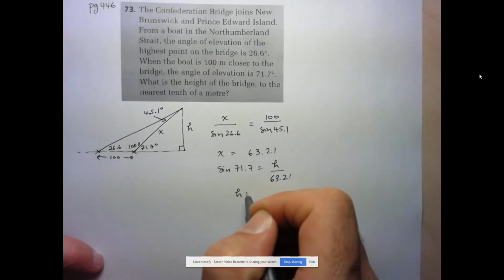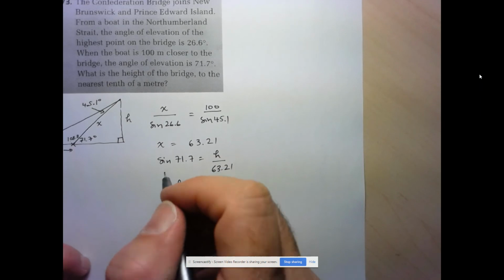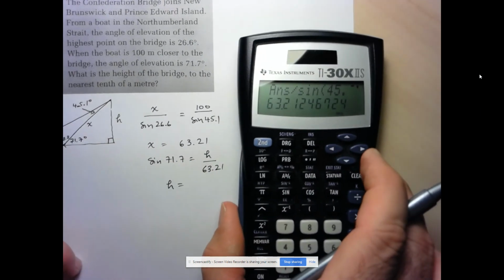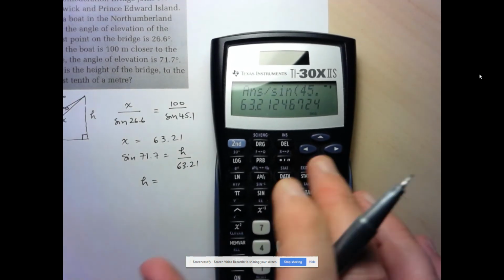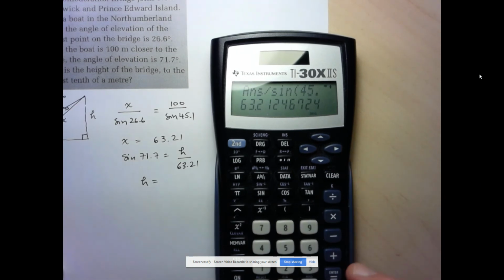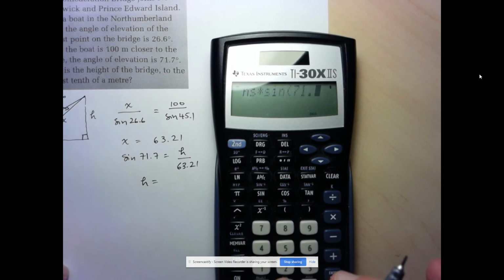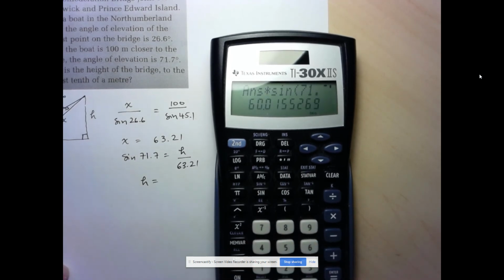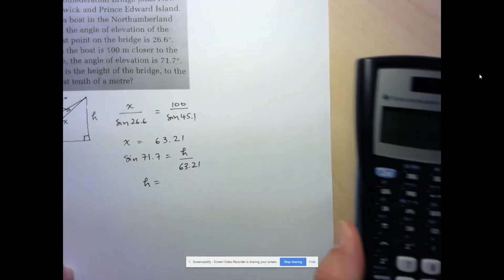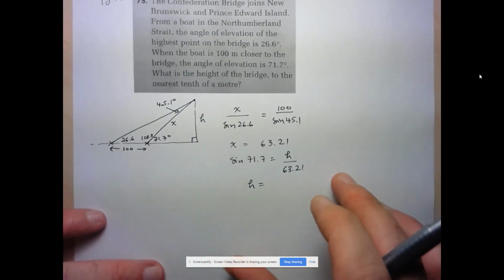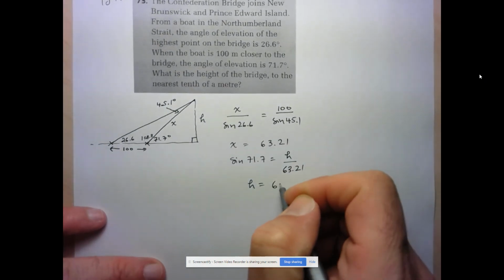So h, I'm just going to multiply that to the other side. I already have this on my calculator. This is why when you're doing these problems, don't erase what you have in your calculator. It might be useful in the next step. So I'm just going to multiply this by sine of 71.7, and there we go, 60 meters exactly, or almost exactly.